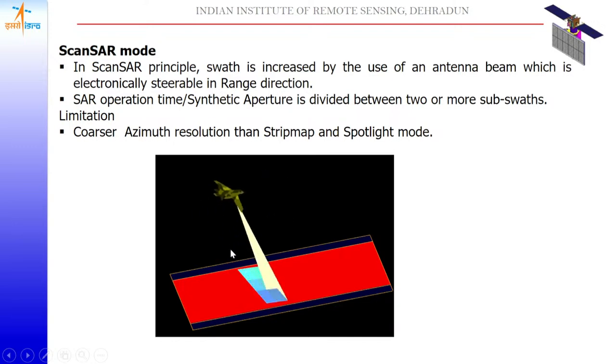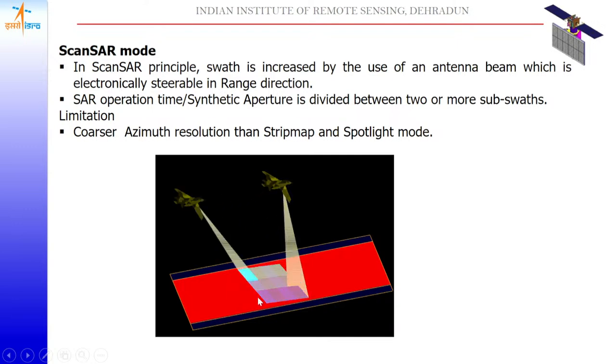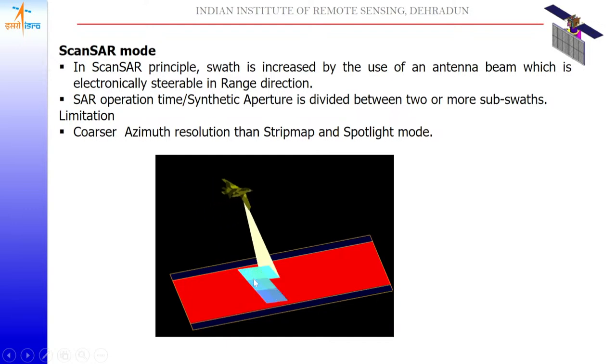We can have one beam, or we can have three beams. The first beam will look in this direction, and the second and third beams in this direction. In this way we can have a longer swath in the range direction. So ScanSAR is used for having a larger swath in the range direction.